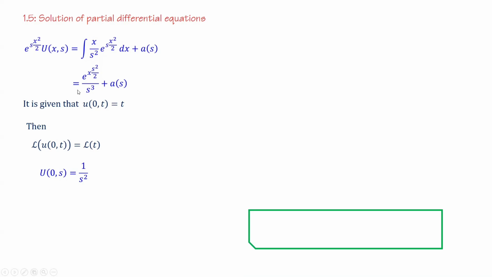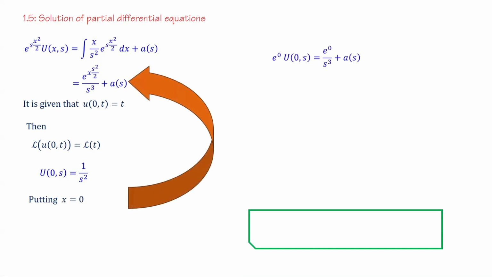So therefore, we now put x equal to 0. We get from this equation e to the power 0 times U(0,s) equals e to the power 0 over s to the power 3 plus A(s).